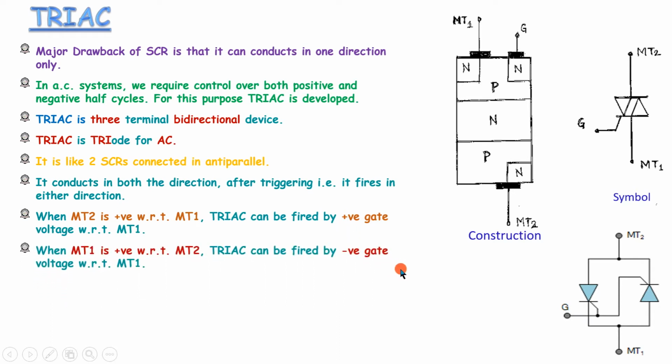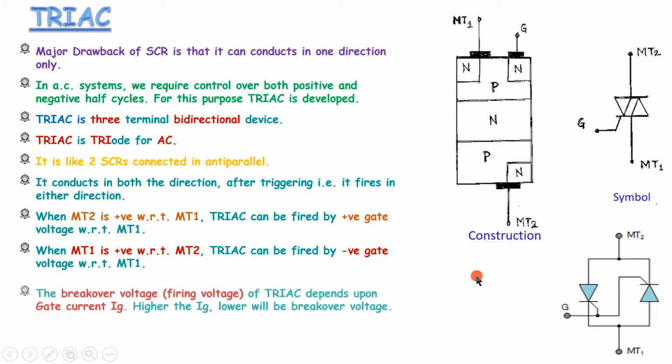During the negative half cycle, when MT1 is positive with respect to MT2, we need to apply a negative gate pulse with respect to MT1. Thus, in both directions, we can make the TRIAC conduct.